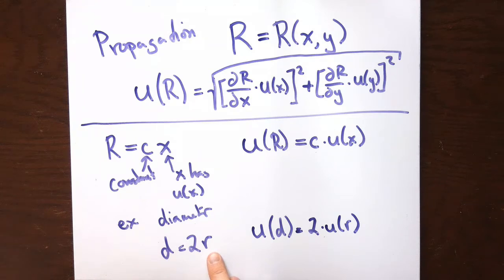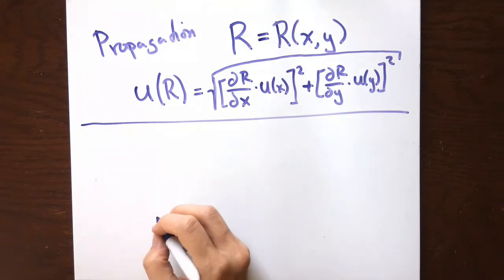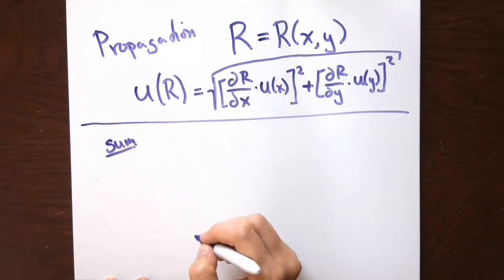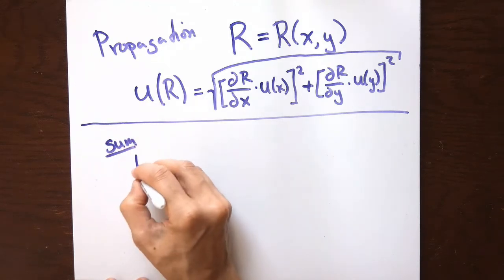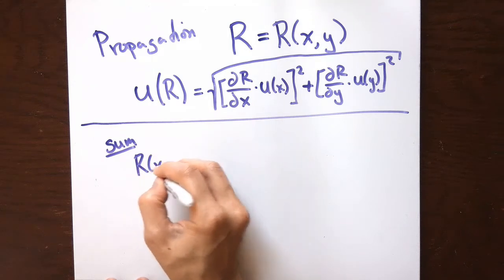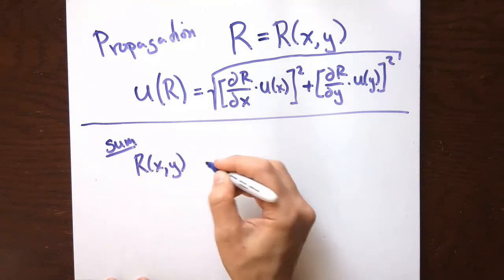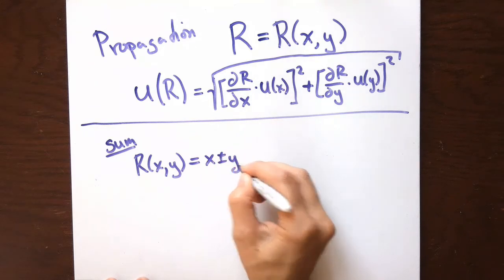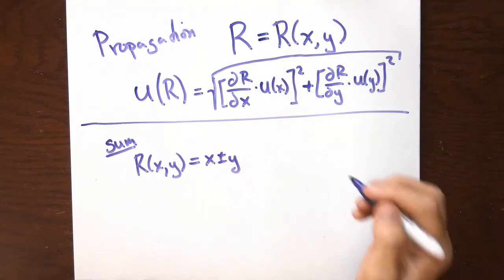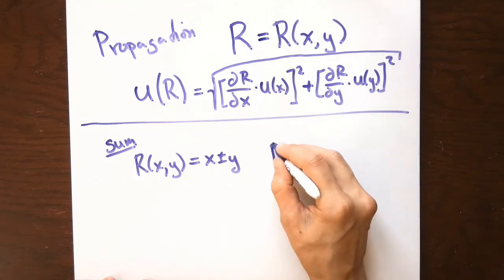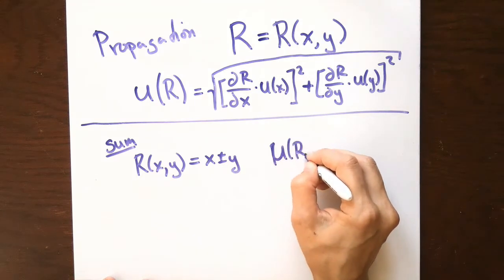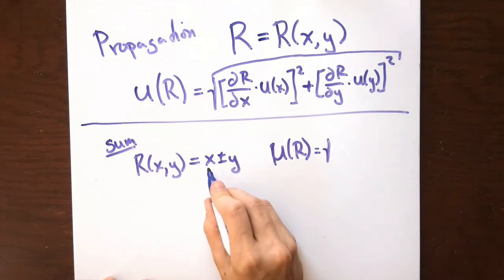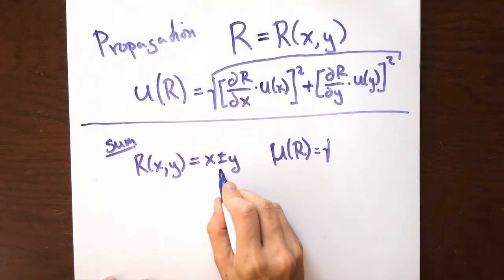The next case that you might have is what if you're adding or subtracting something? We'll call that a sum. So say your function that you're trying to find depends on two things, x and y, and you add x and y or you subtract them, doesn't matter, either one is fine. If that's the case, then your uncertainty of this new value r is going to be the square root of each of the two uncertainties squared.